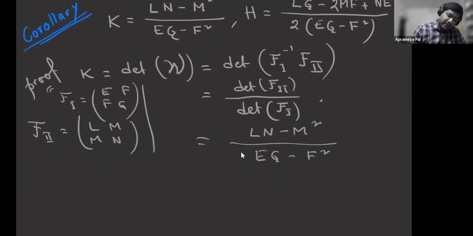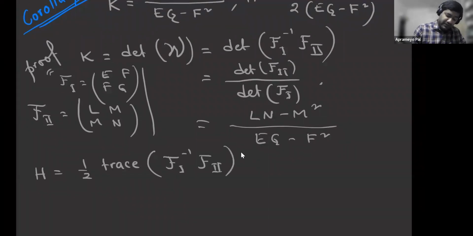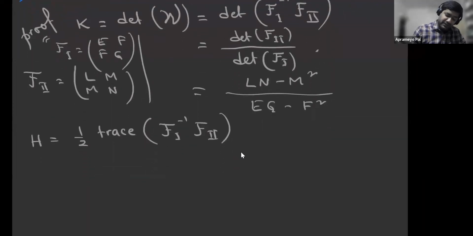And this is okay. And what is H? H is half of the trace of FI inverse F double I. So that means we have to somehow find out what is FI inverse. Now again, it's like matrix algebra. If you know what is FI, then you know what is FI inverse, right? This is 1 over the determinant, so 1 over EG minus F square, and then you can compute the inverse.